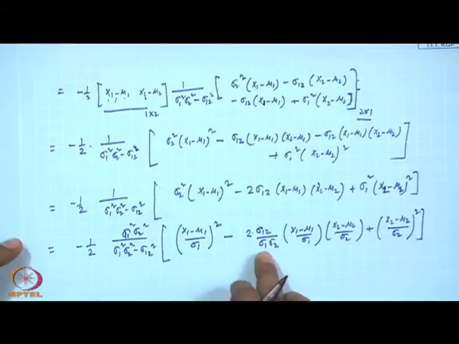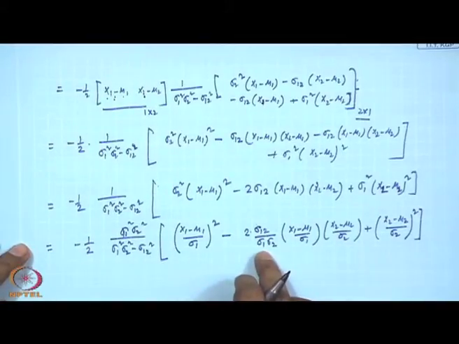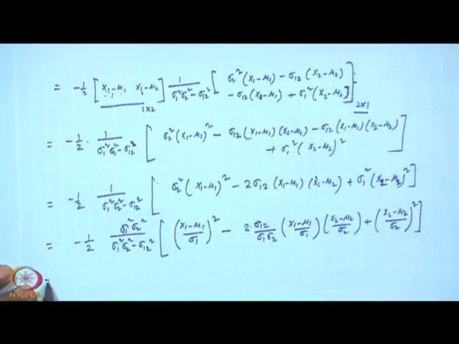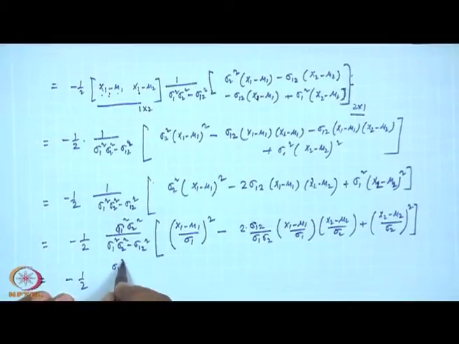What is this quantity? Sigma 1 2 by sigma 1 sigma 2, that is rho. So, I can write it like this: minus half sigma 1 square sigma 2 square, and you have already seen sigma 1 2 square equals sigma 1 square sigma 2 square into rho 1 2 square.